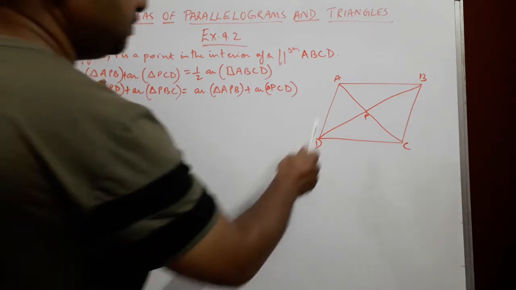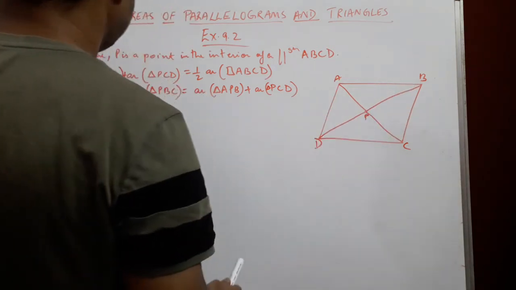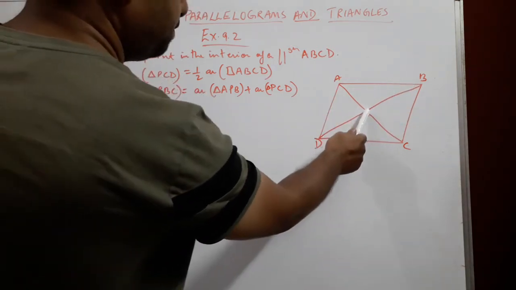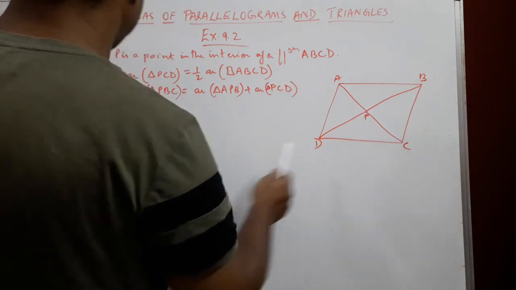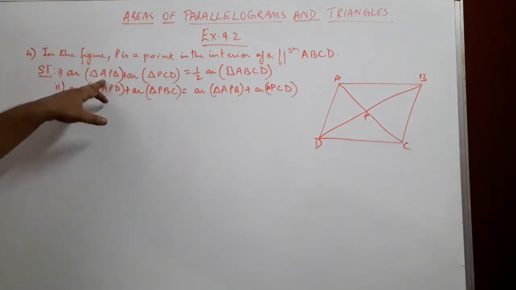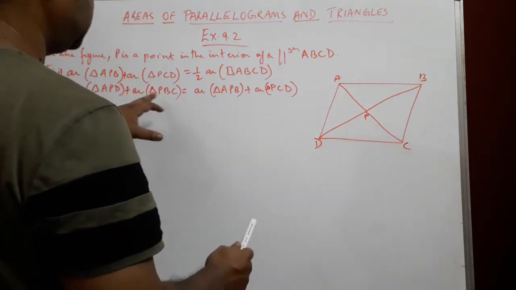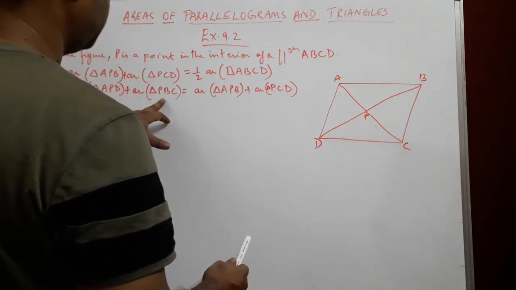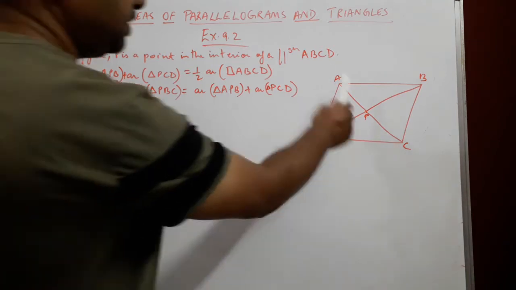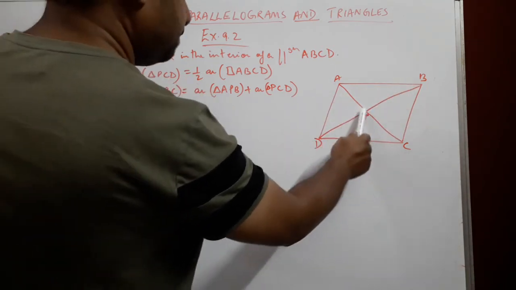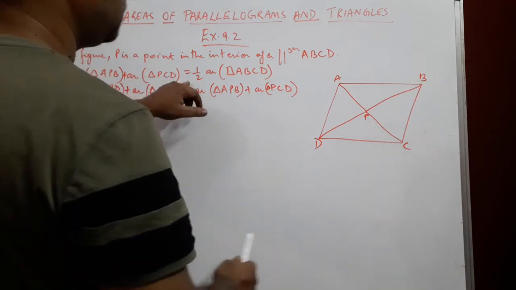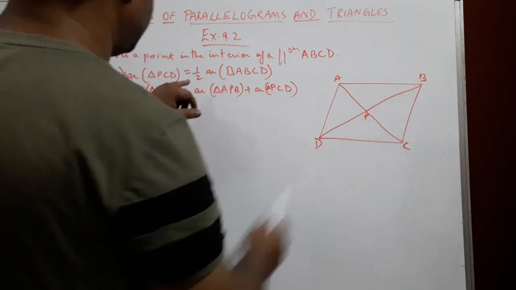So what we need to prove is that the area of APB is equal to PCD. That is one thing. And the other thing we need to prove is that APD plus area of triangle APB plus area of triangle PCD is equal to half of this entire parallelogram.